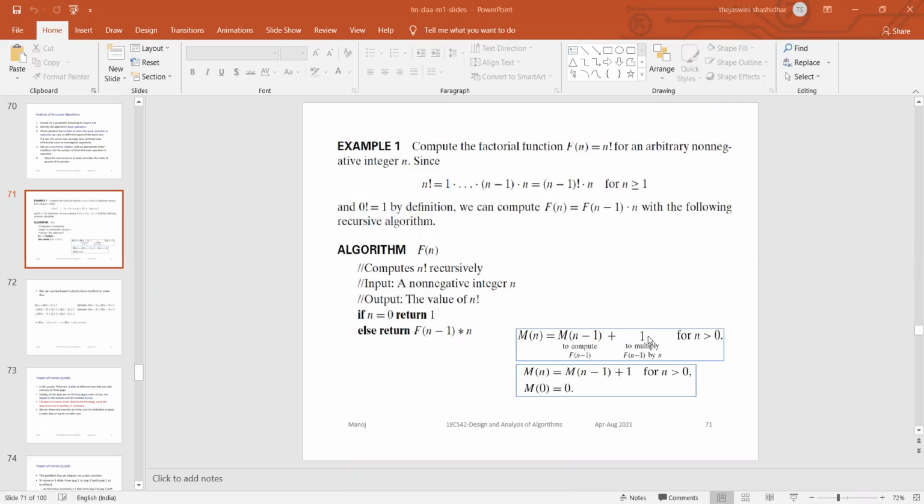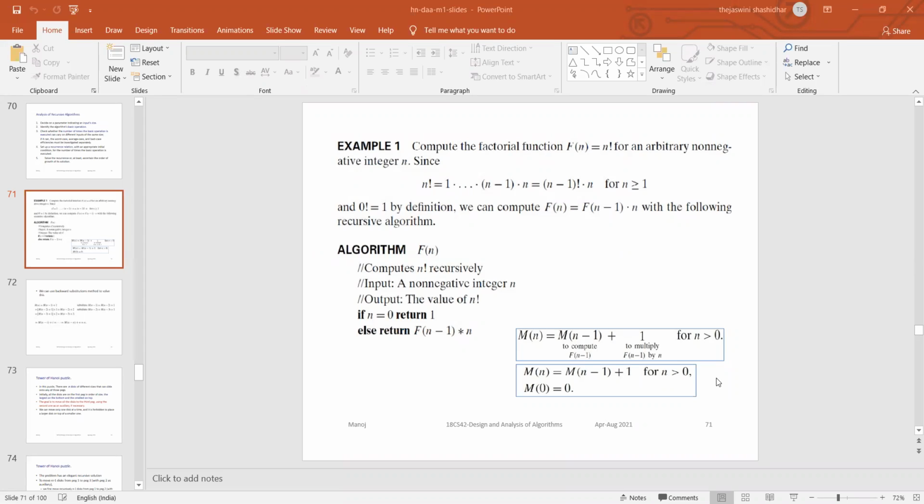If it is 0, what is the recurrence relation? It is 1. So for 0, you take 1. For 1, 2, 3, 4 up to n, you will be taking m of n minus 1. So this is the recurrence relation. What is the recurrence relation for the factorial? It is m of n is equal to m of n minus 1 plus 1.